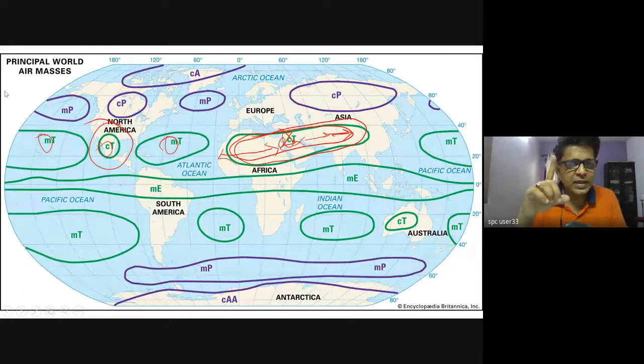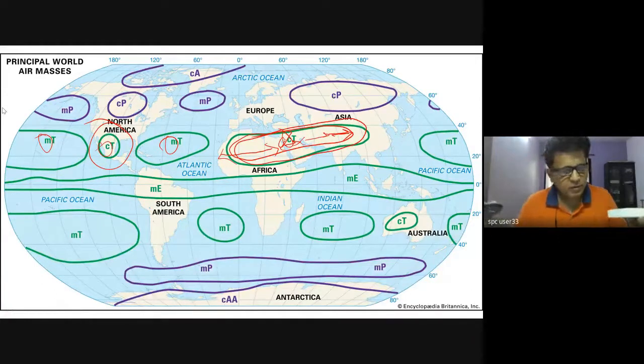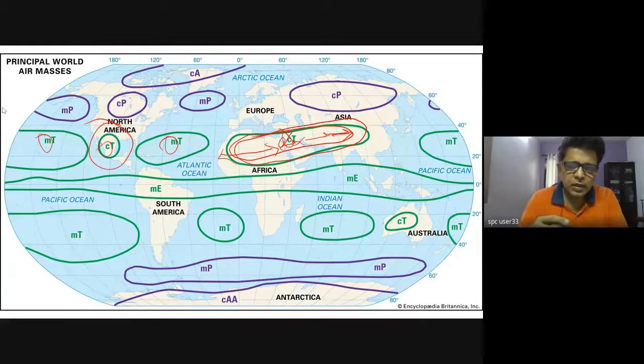As I said, temperature is a very relative concept. Same way in the tropical regions also, you could have two tropical air masses which come together, and both of them are warm originally from the source, but it may so happen that this could be warmer than this, thus you may call this the warm within the tropical.